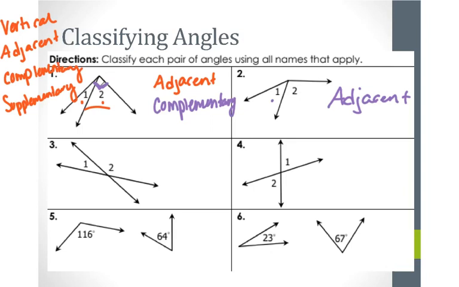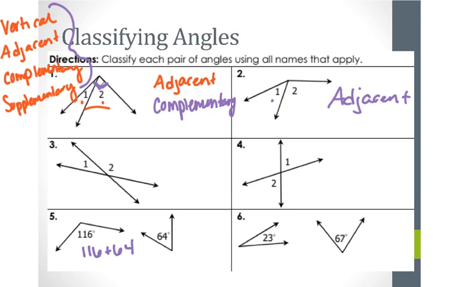Next is number 5. If you notice, they're not next to one another. However, you have 2 separate angles right here. I want to see if it fits any one of these 4. To do that, I'm just going to add my 2 angle measures together.